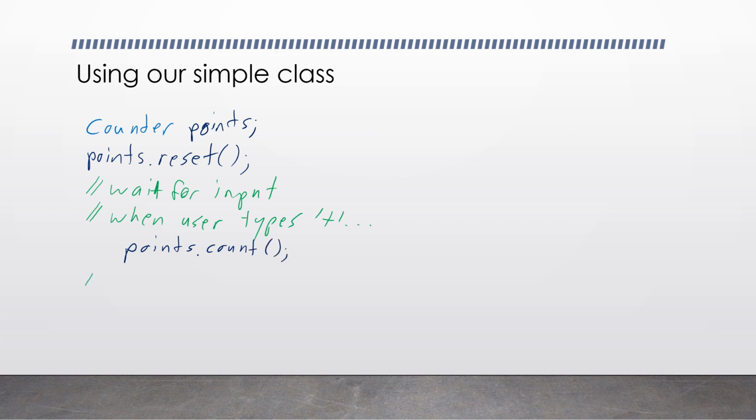Okay, and when the user types, say, O for output, we'll call cout points.getCount.